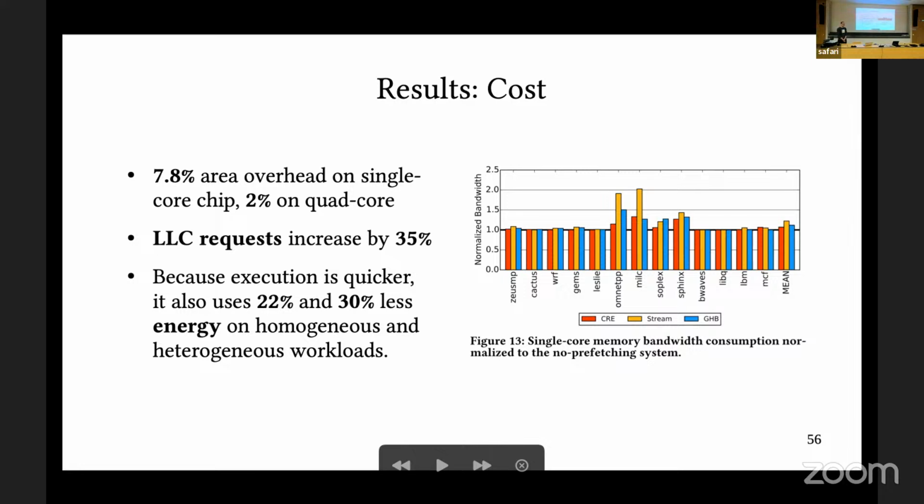You don't execute for as long, so you don't need as much energy. The plot is on bandwidth consumption, which you might also be concerned about, prefetching a lot of stuff. But we also see it's actually better than prefetchers, probably because it's more accurate. And very manageable overhead overall.